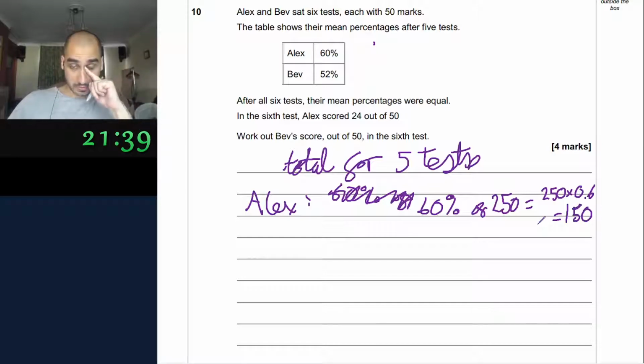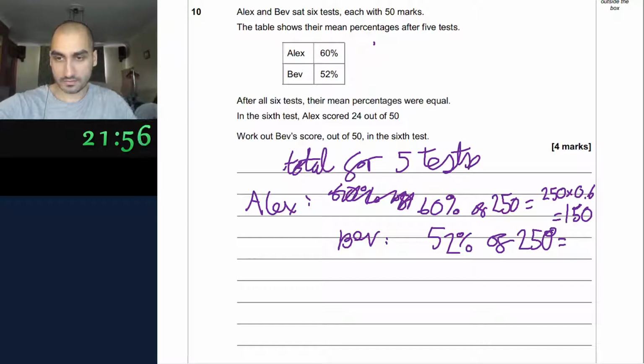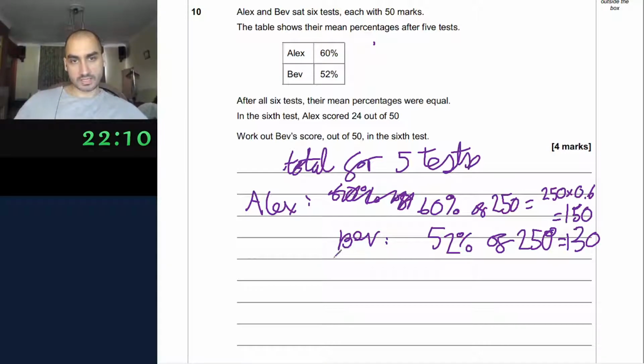It's 3/5. Alright, Bev: 52% of 250 equals, okay, 250 times 0.52 equals 130. So in the 6th test, Alex scored 24 out of 50.